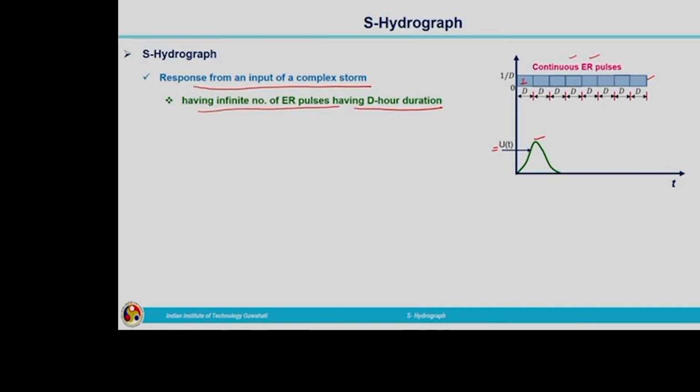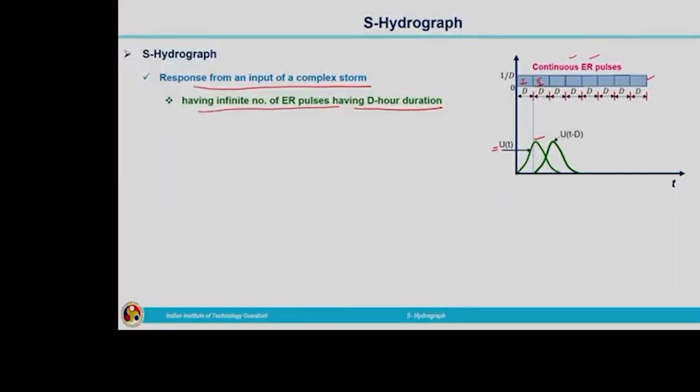The response from this first pulse can be plotted as a unit hydrograph U(t). In a similar way, from the second pulse of effective rainfall, there will be another unit hydrograph starting after dr duration. So, that can be plotted like this. Each effective rainfall having a duration dr and rainfall depth 1 centimeter will produce a unit hydrograph after a dr interval.